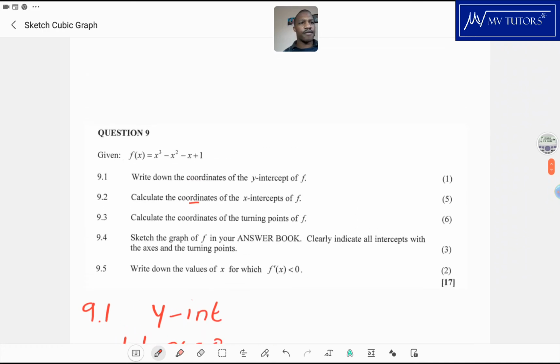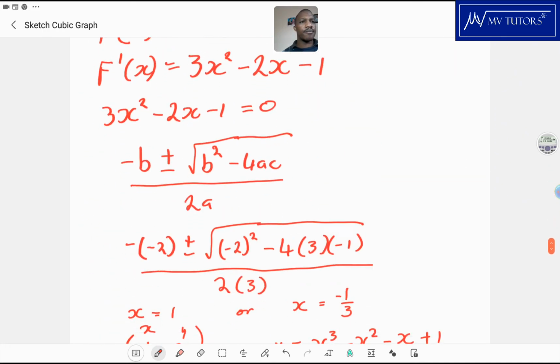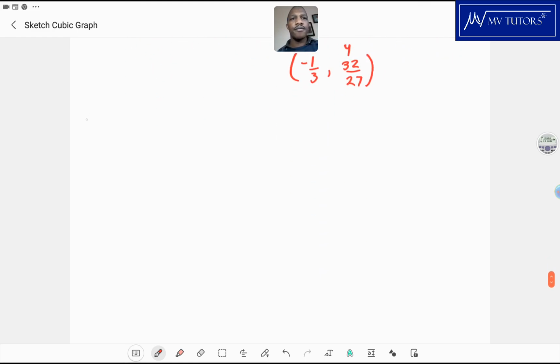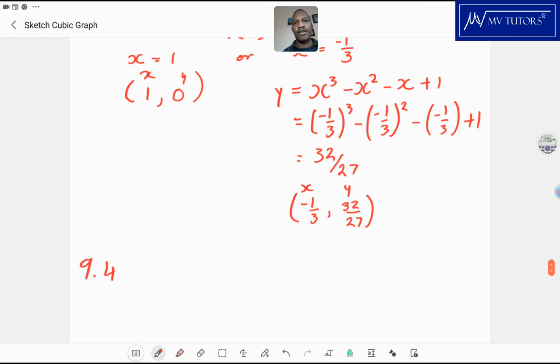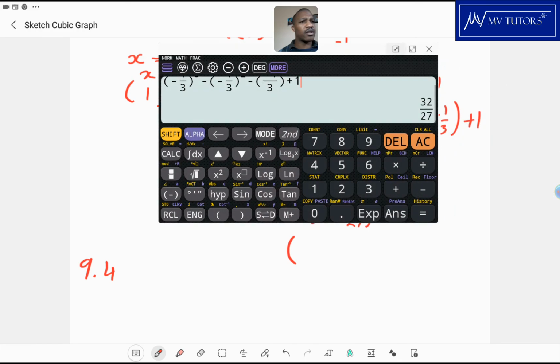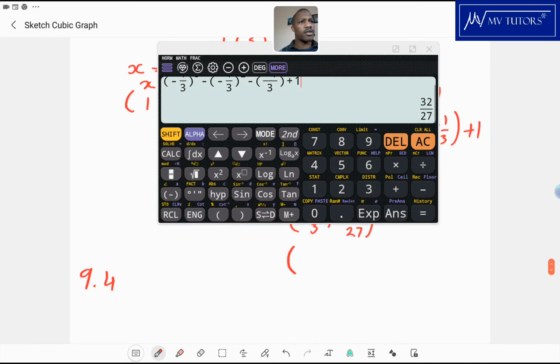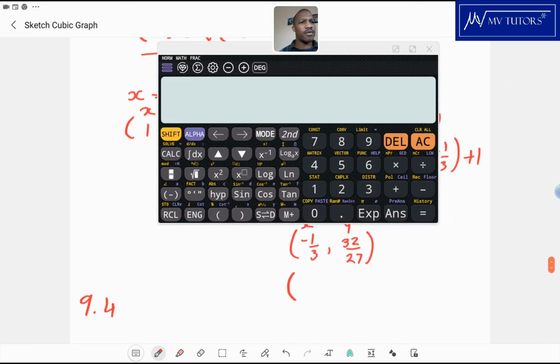Okay, now let's check our next question, which is actually 9.4. Sketch the graph. All right. In sketching the graph, I normally like to look at the biggest x value, the smallest x value, the biggest y value. That will guide me on how to draw the graph. Now, if I look here, let me just convert this one into decimals because we don't want to work with fractions.